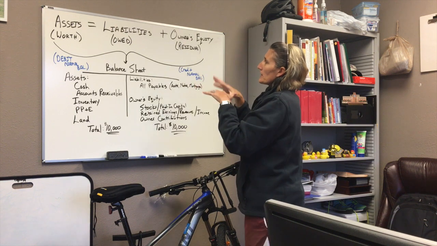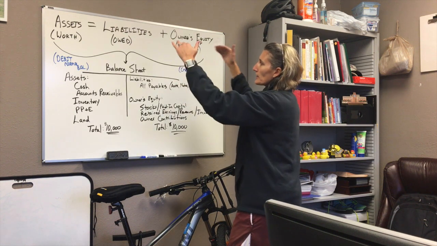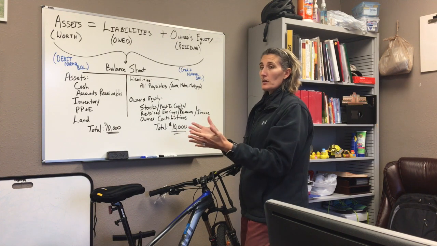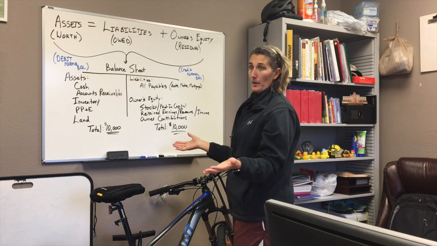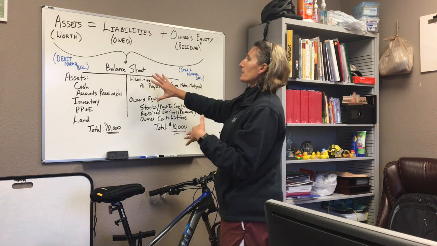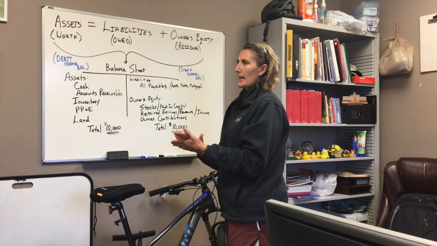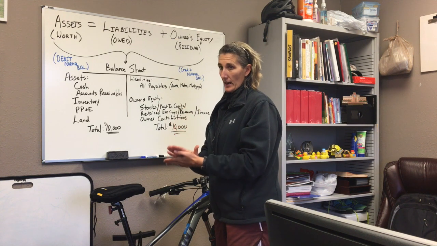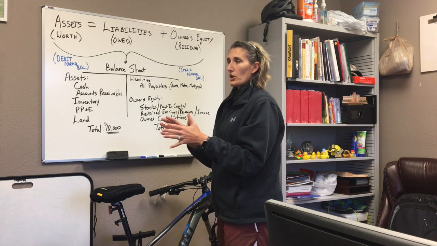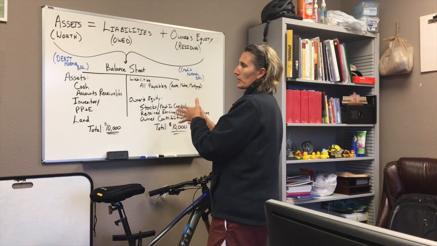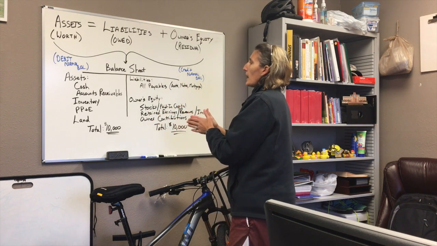So how are all of these tracked? They funnel down into the balance sheet. And the balance sheet is probably the most important financial statement of any company, because the balance sheet shows where the company stands at any given point in time. Okay, so it shows what the value of the company is, shows what their liabilities are, how much they owe.